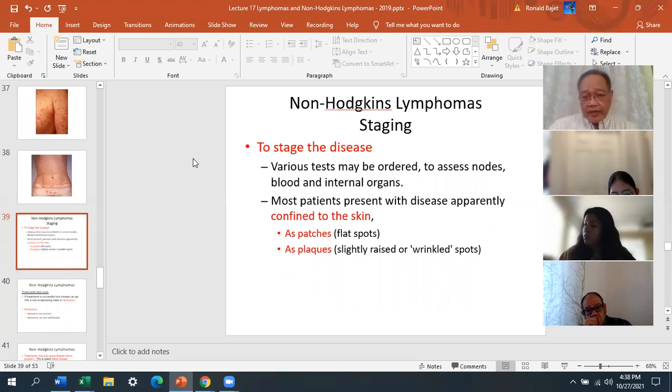Most patients present with the disease apparently confined to the skin, and that's good if it's confined to the skin, as a patch. And a patch, like I said, is flush with the skin. It's a flat spot on the skin, as opposed to a plaque. And a plaque is slightly raised or a wrinkled spot. So make sure you know these definitions. Know the difference between a patch and a plaque.